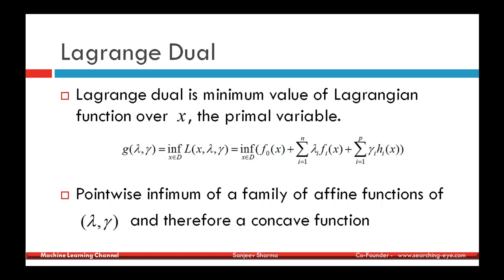So we can summarize this whole thing as: the Lagrange dual function is a pointwise infimum of the family of affine functions defined by the dual variables lambda and gamma, and it's also the infimum value of the Lagrangian function over the primal variable x.